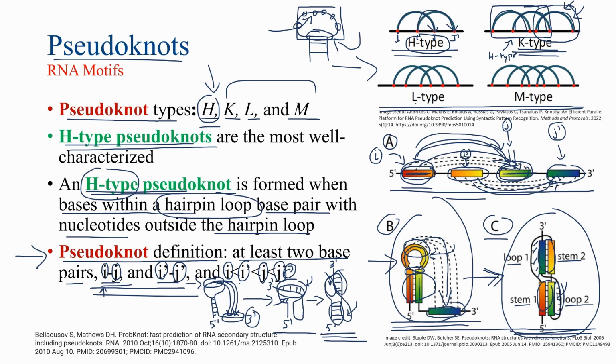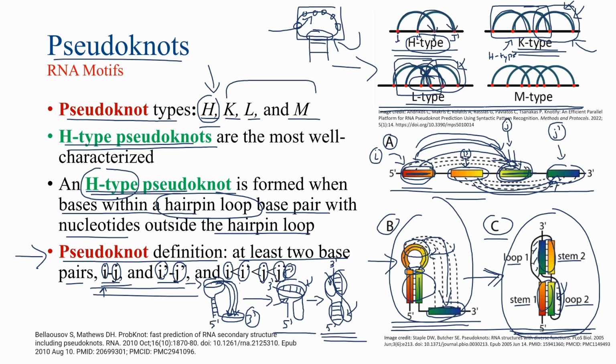Similarly, you can do this with the L-type pseudoknot. Again, you can think of this structure here, more specifically the base pairing that you see here, as being an H-type pseudoknot, with the difference being that you have this additional complexity. The difference here between this complexity and the one that I noted in the K-type pseudoknot is that the base pairing that happens here is such that there is interconversion or intersection at the point right here.